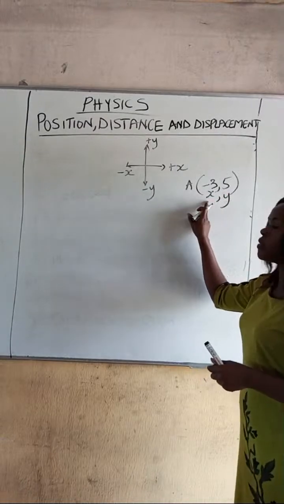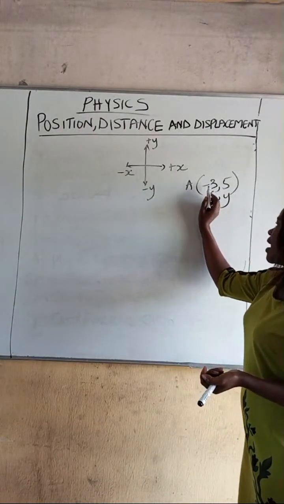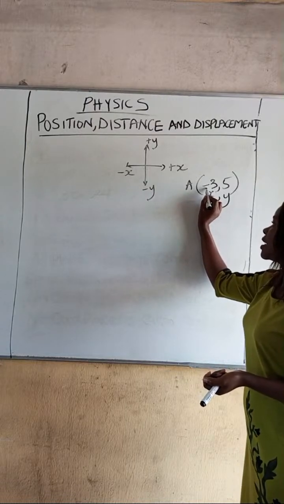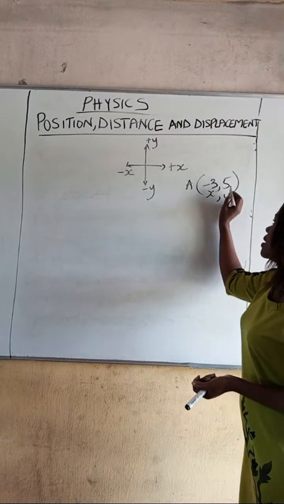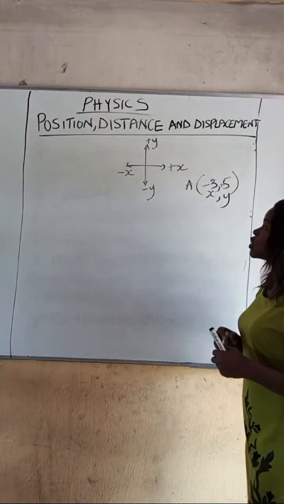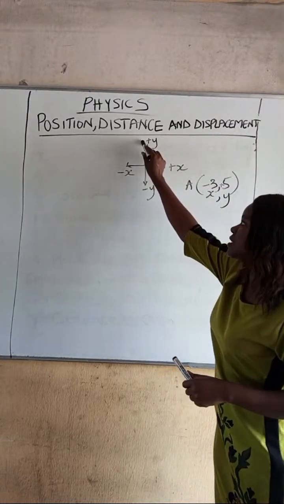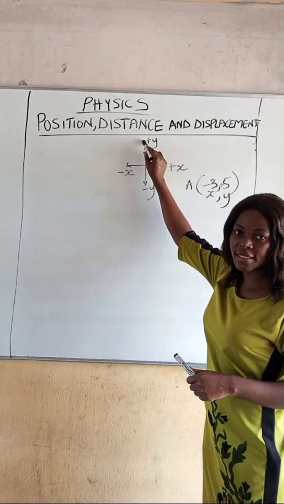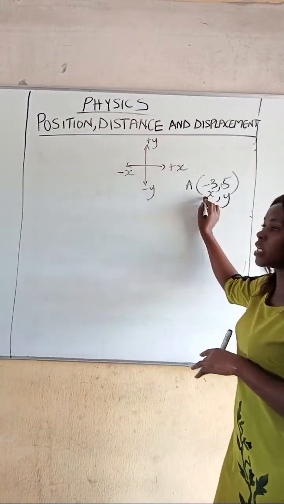Now, how do you locate this object? You already know that x has the negative side, while y is the positive. So I'm going to look at negative x and positive y, right? So we already have this quadrant to use and locate this object.